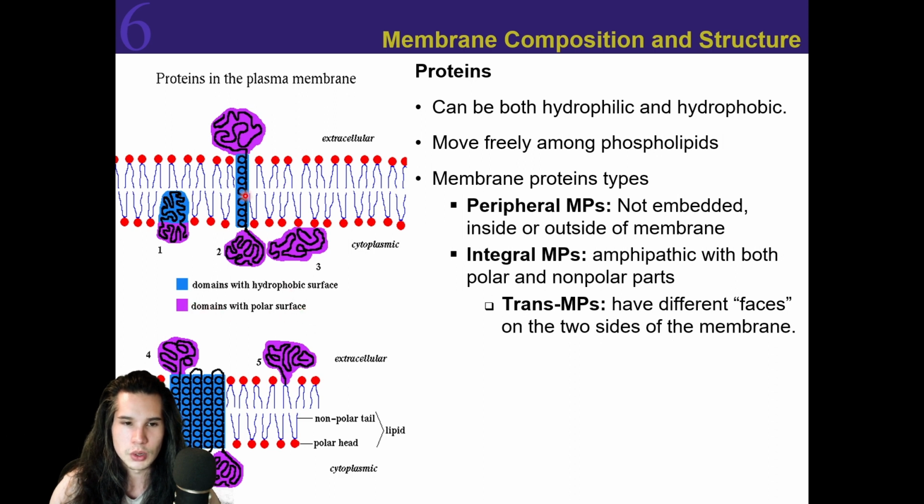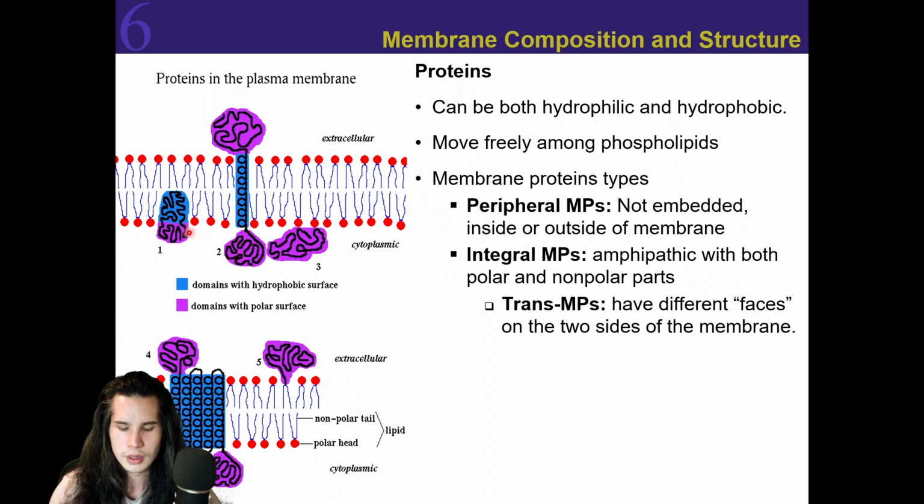The nonpolar is going to want to hang out around nonpolar stuff, your phospholipid fatty acid tails. And its polar regions are going to want to hang out with polar stuff. You've got water on the outside here, you've got water on the inside here. So this is a transmembrane protein because it traverses the entirety of the membrane.